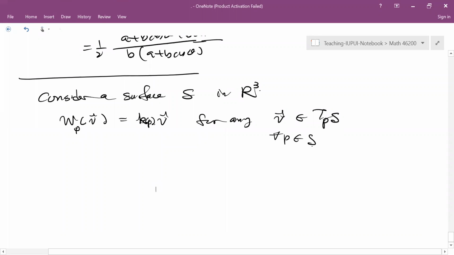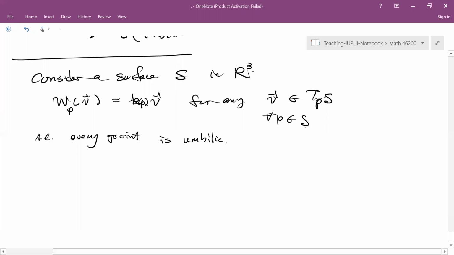And we want to understand this. In other words, every point is umbilic.